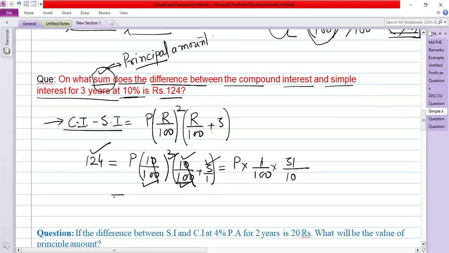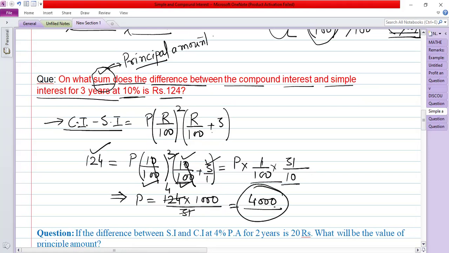From here, what will be the P amount? It will be 124 into 1000, divided by 31. So 31 will cancel out, giving 4. So the principal amount must be 4,000.